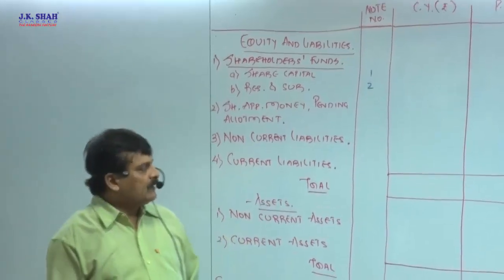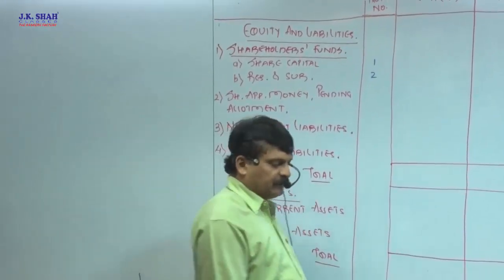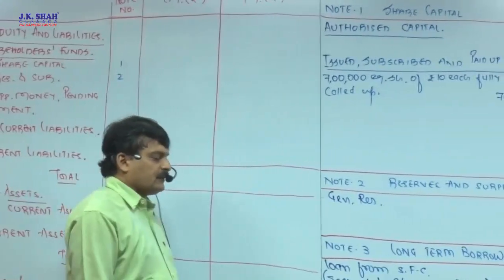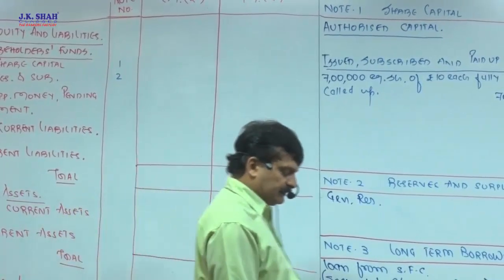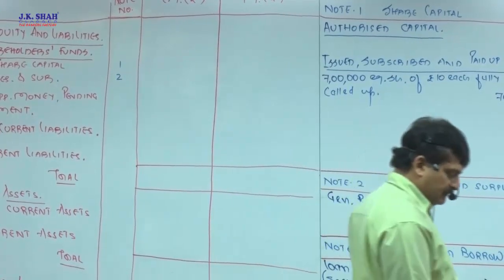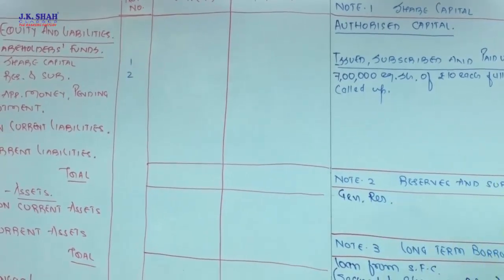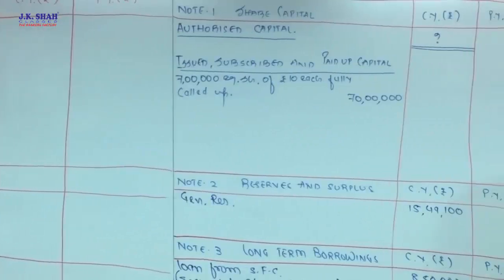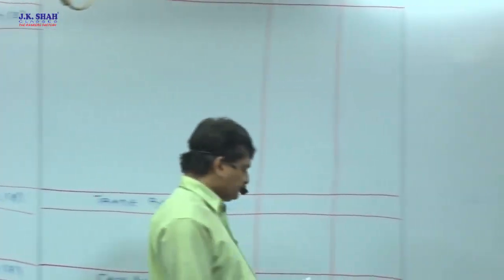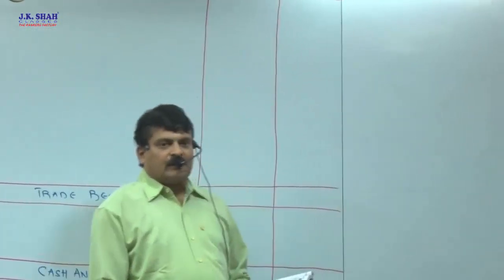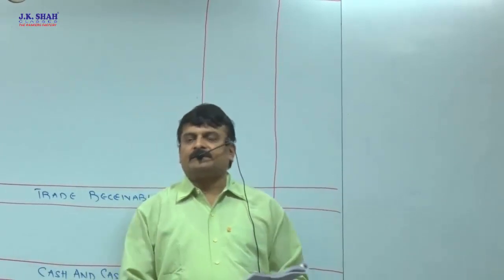Then provision for taxation will go to short-term provisions. Right there, provision for taxation 325,500.